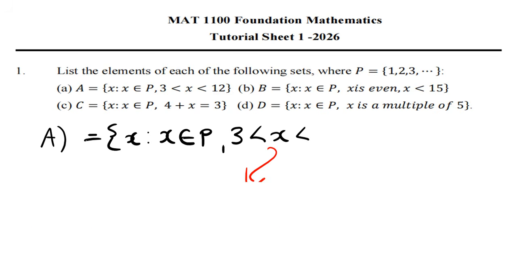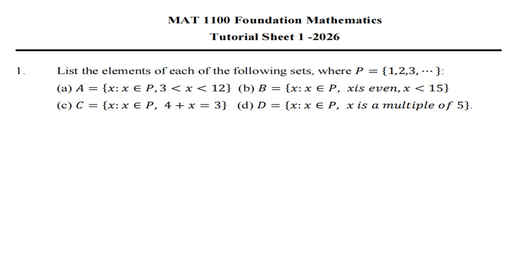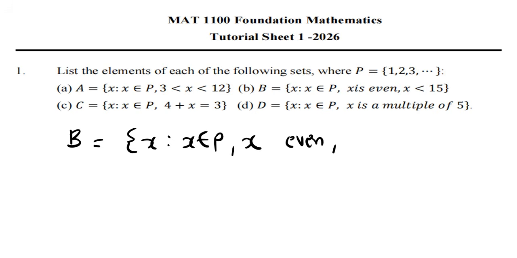Okay, let's solve B. For B, X is such that X is a member of P, X is even, and X is less than 15. Here we're talking about positive even integers that are less than 15.